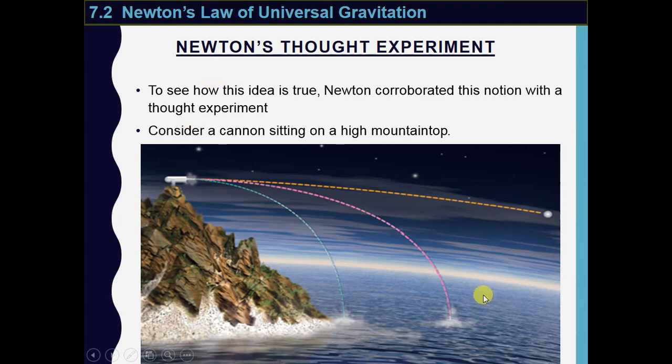Pay attention with me. This looks like projectile motion. The ball is fired with initial speed. The greater the initial speed, the farther the ball can go, the greater the horizontal distance. So if this ball is fired with a very great initial speed, the ball will go the same way as the earth curves, so it will not hit the earth at all.